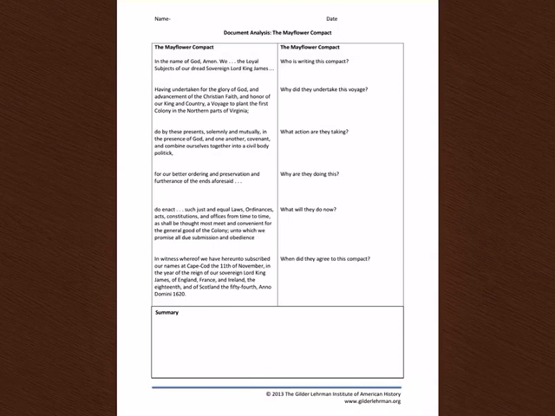So the Mayflower Compact, is this a primary or secondary source, do you think? Good. We got an answer right here. A primary source. Why is it a primary source? Think back to when we did primary versus secondary sources. Why was it a primary source?